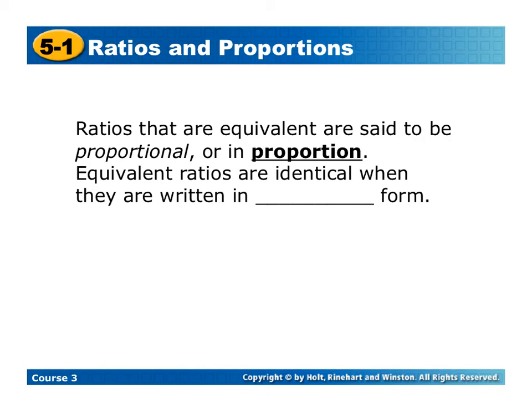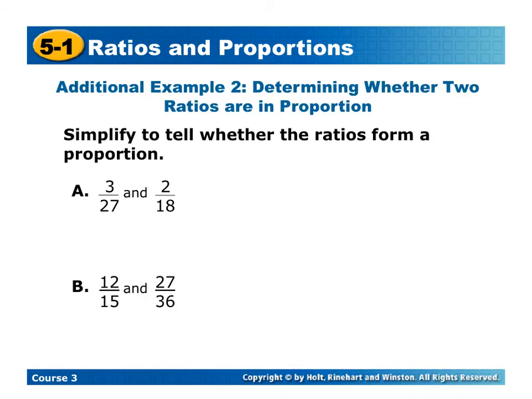Ratios that are equivalent are said to be proportional or in proportion. Equivalent ratios are identical when they are written in simplest form. So let's look at what that actually means. So here we're going to simplify to tell whether the ratios form a proportion.